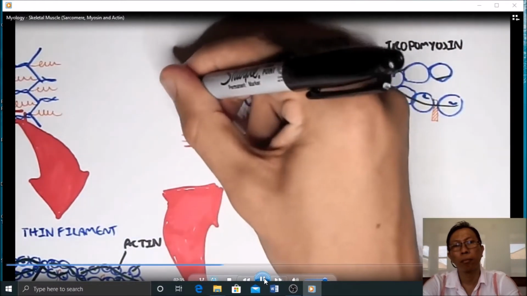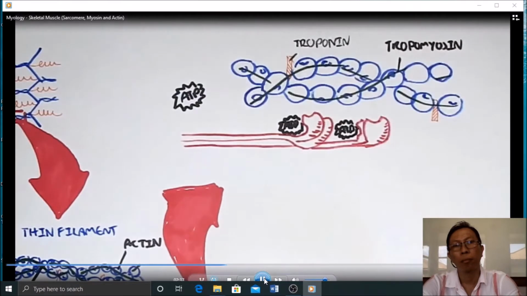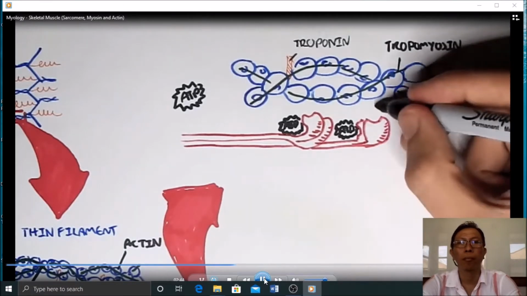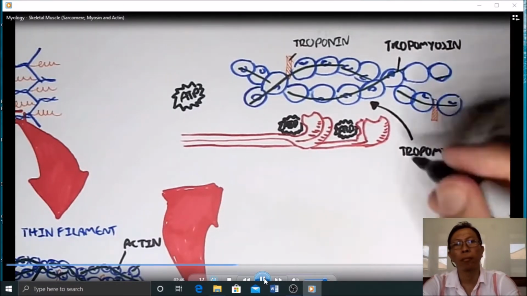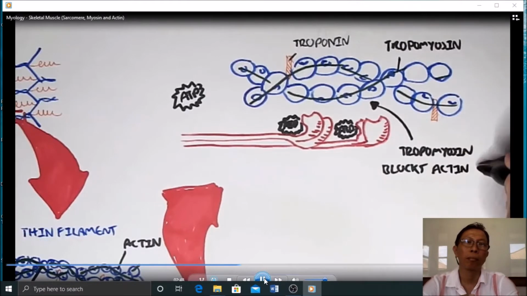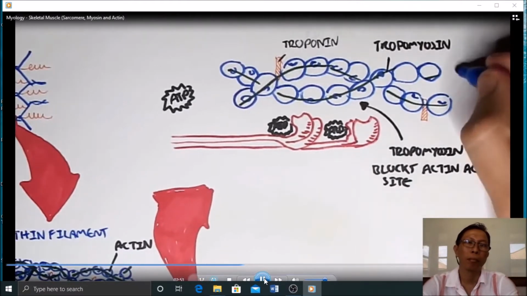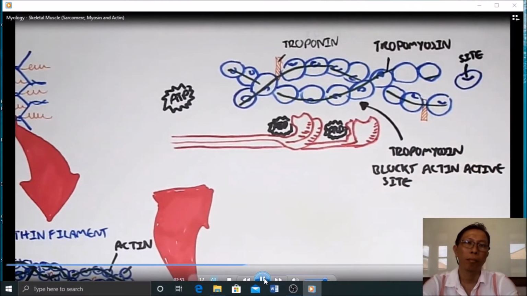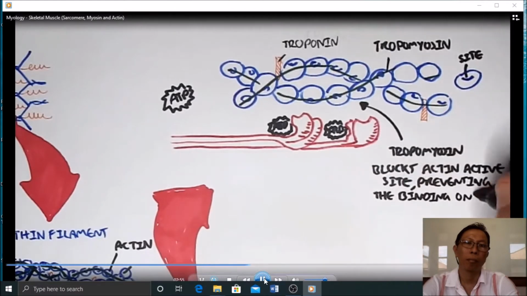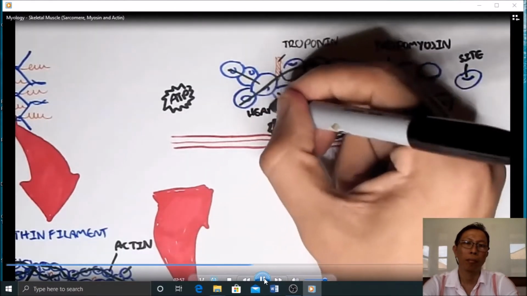And when ATP comes along, ATP will bind to the ATP binding site of the myosin. And this causes myosin to want to bind to actin subunits. But it can't because of tropomyosin. Because tropomyosin blocks the actin's binding site, preventing the binding of myosin heads onto actin subunits.